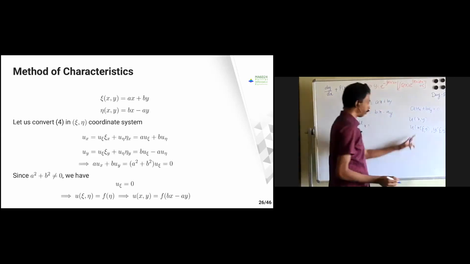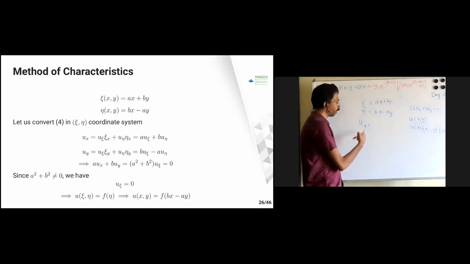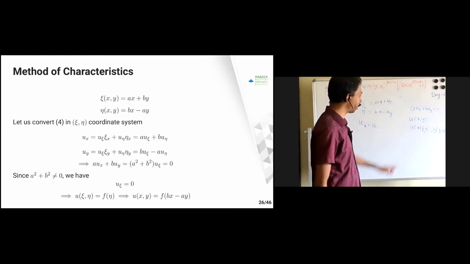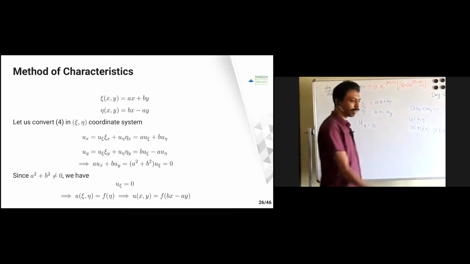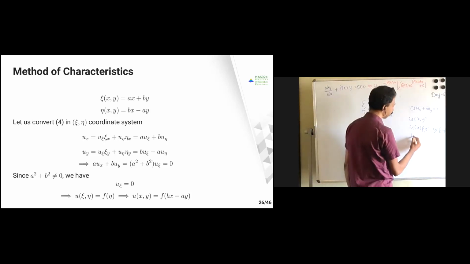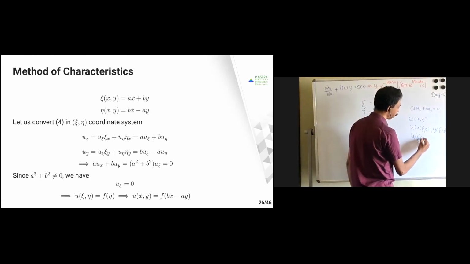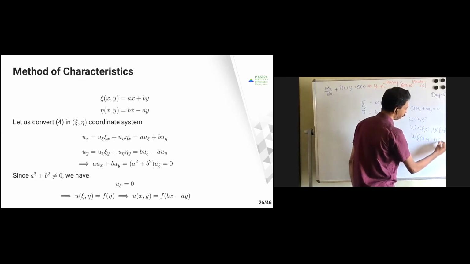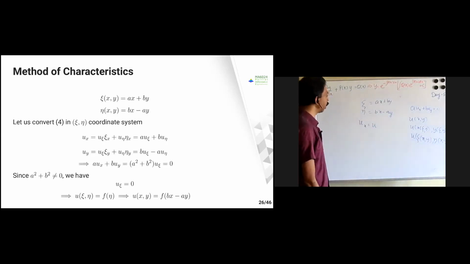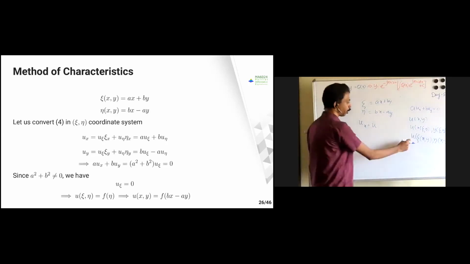Therefore, I can write this as u of chi of x comma y and eta of x comma y. Now what is u_x? Ux is nothing but I'm just taking this one.